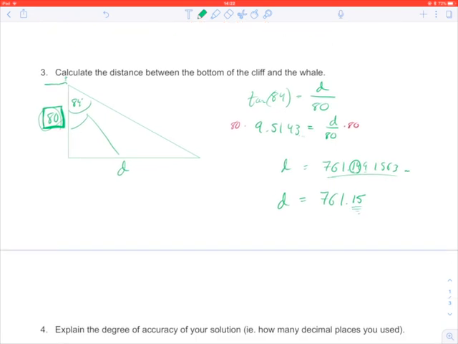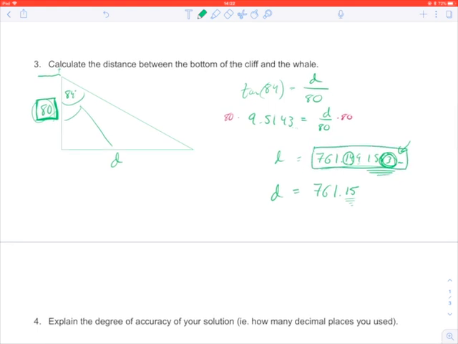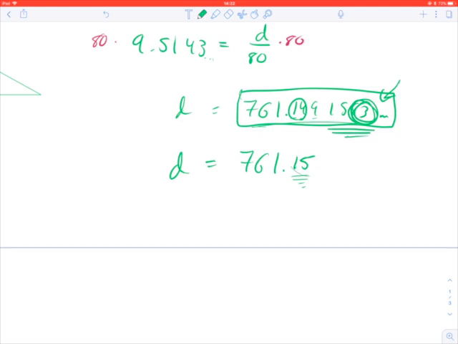So is it worthwhile leaving that? I know that it seems like more decimals are better, but this is meaningless. Writing this and leaving this makes you look like you don't really interpret numbers well. So I might remove that and just say that our distance is 761 meters.